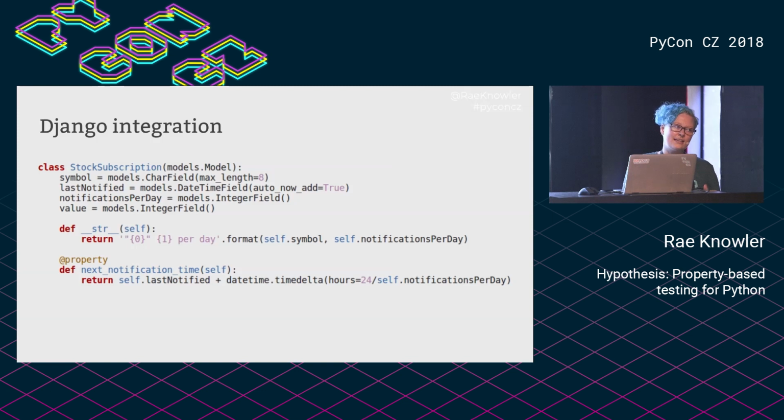In Django, it's just a basic model view controller web framework. And here's one of the models that I invented for my very small demo app. The app is supposed to be a website that keeps track of all of the stocks you want to track on the stock market, and it gives you notifications however many times a day you want.